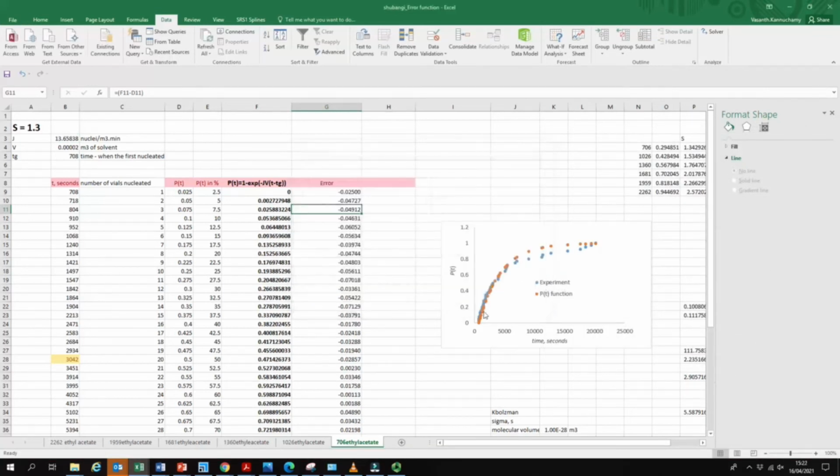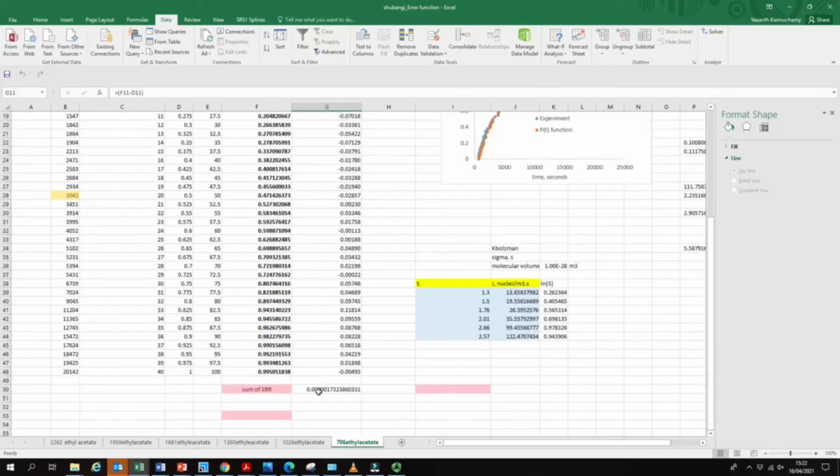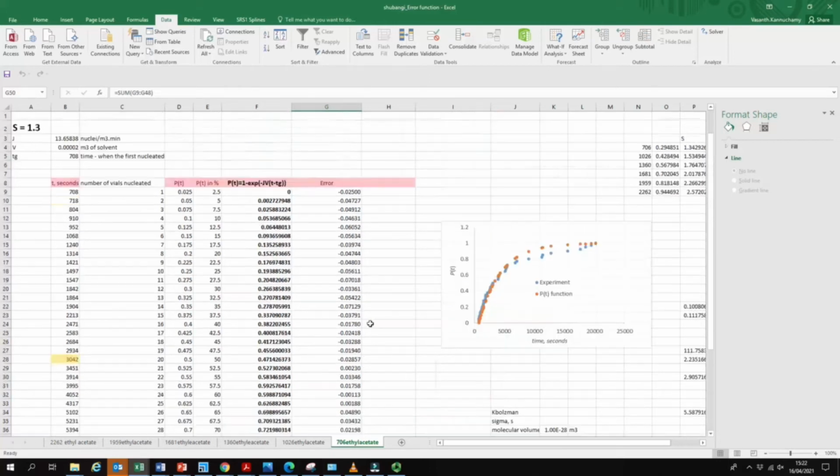So what you get is something like this. What it says is that now the error is almost 0.000000, something like that, which means the error distribution between your real experimental value and the predicted value is minimum, near 0. In this way you calculated the nucleation rate.